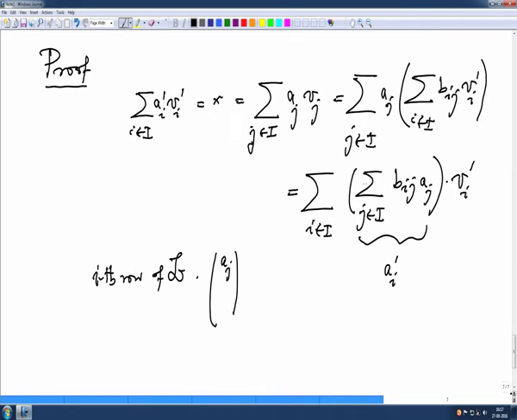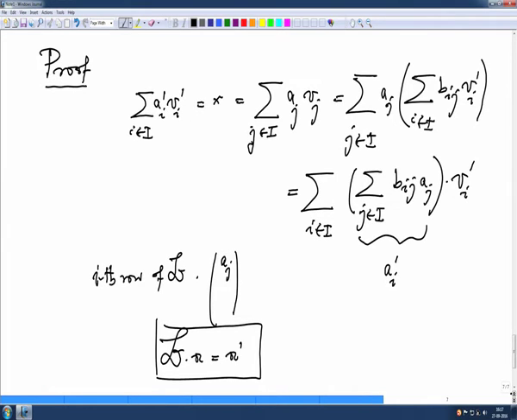So you will get this sum, that is precisely the ith entry. That means the matrix B times the column vector a equals a prime. This is what we had to prove. And once you prove this, B is invertible, so you can multiply this equation by B inverse from this side and then you get what we want.